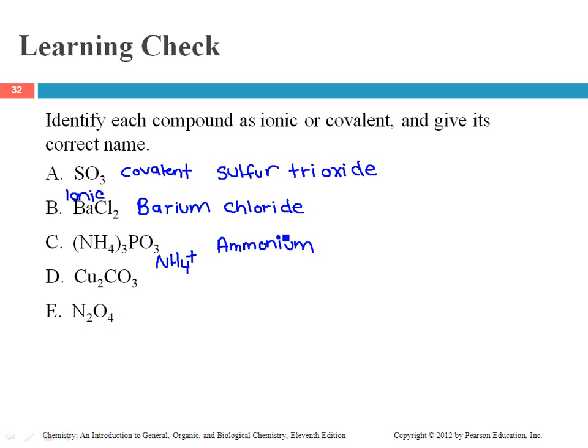We do not have to put a Roman numeral here, because we know that ammonium always has a +1 charge. Okay, so there's no need for a Roman numeral, just like with B, which we just did. And so then we just have to look up, we've got 2 polyatomic ions bonded together. So if you look at your polyatomic ion chart, you will see that PO3 is phosphite.